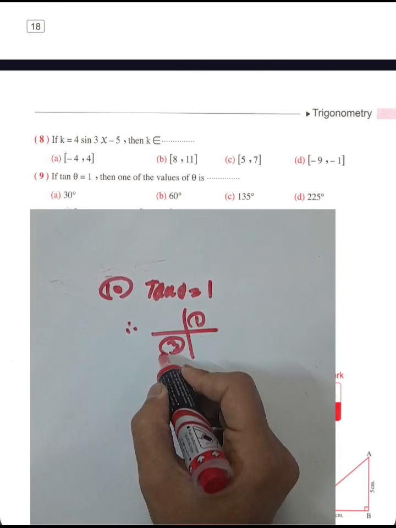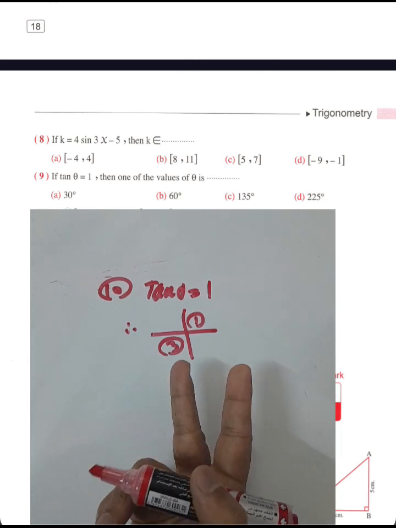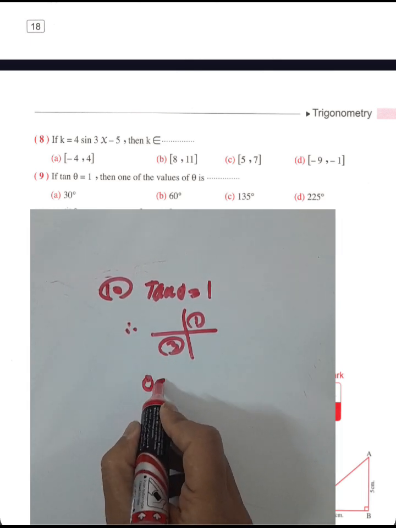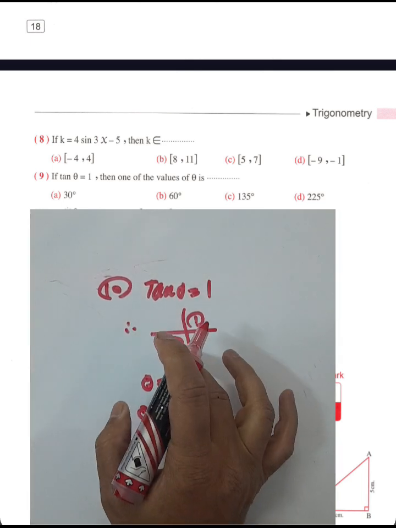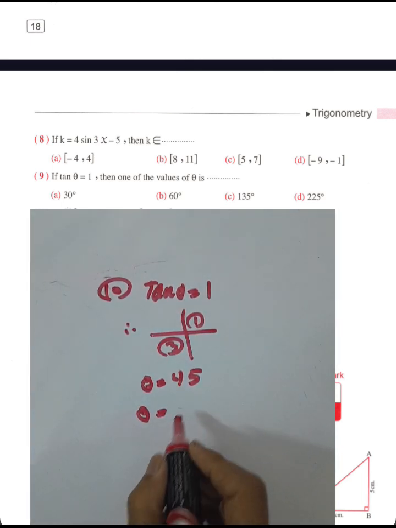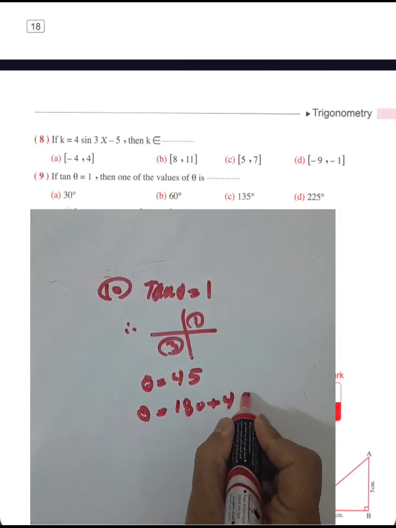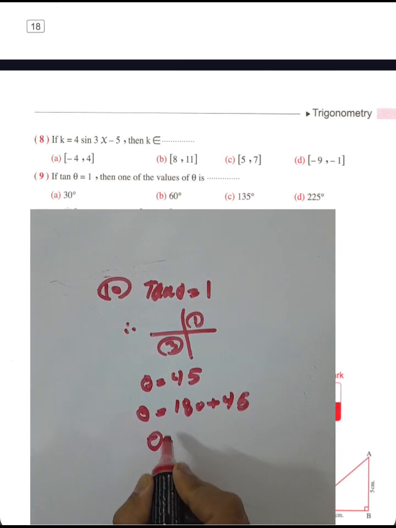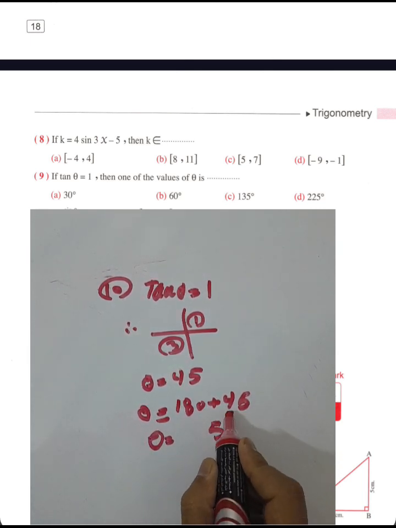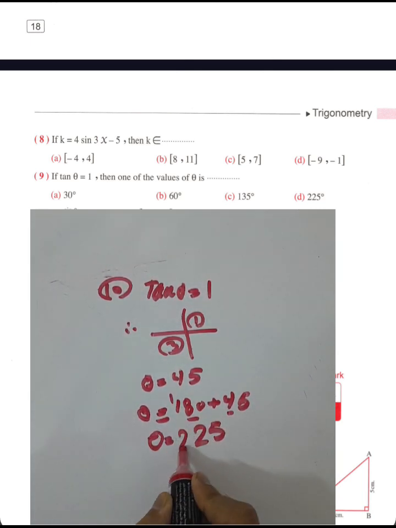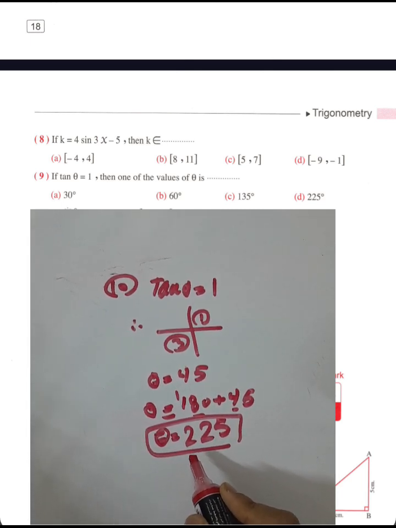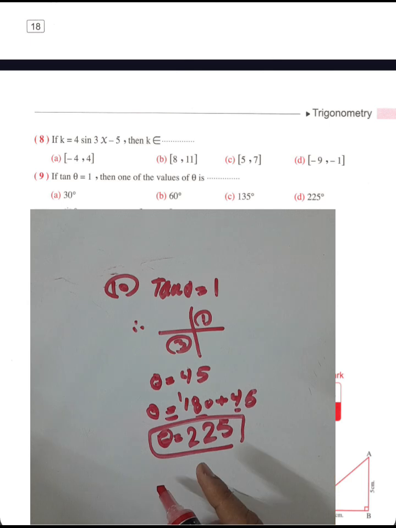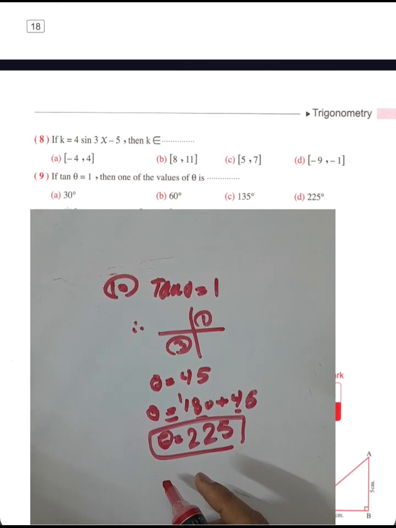Then we have two solutions: theta equals 45, or theta lies in the third quadrant, so it is 180 plus 45, which equals 225 degrees. Then we find one of the values. The result will be letter D for this question.